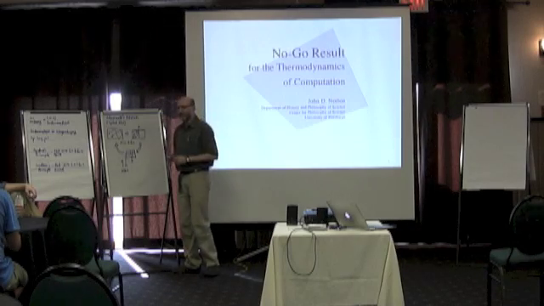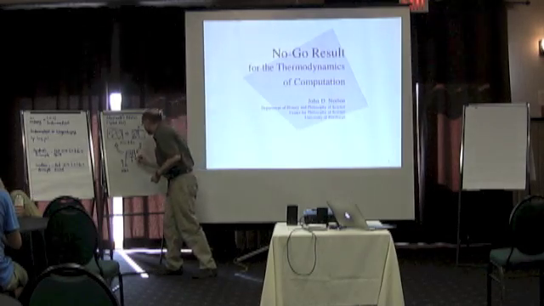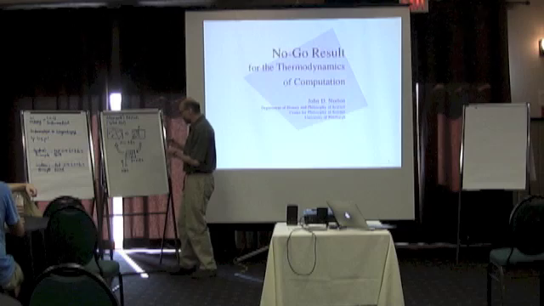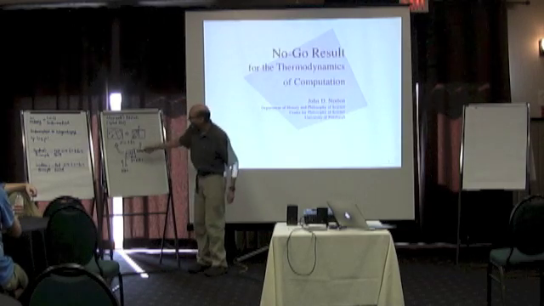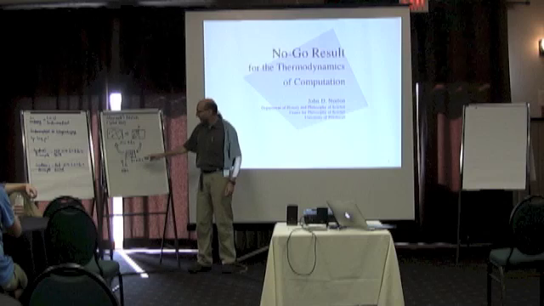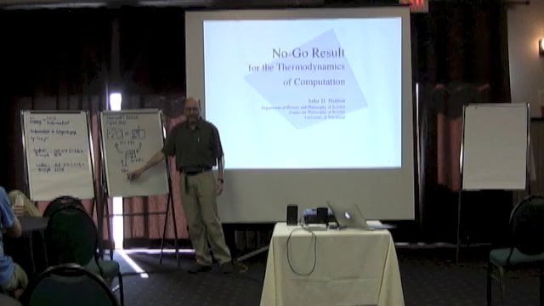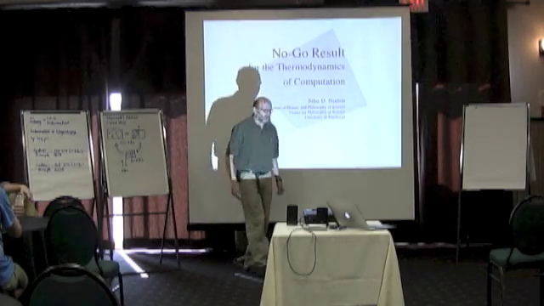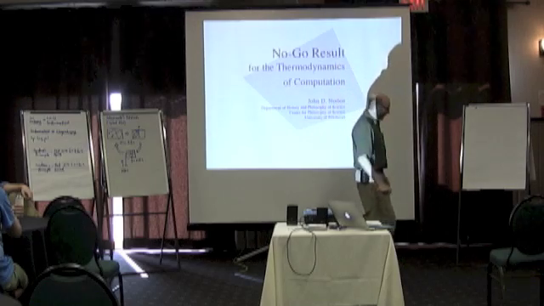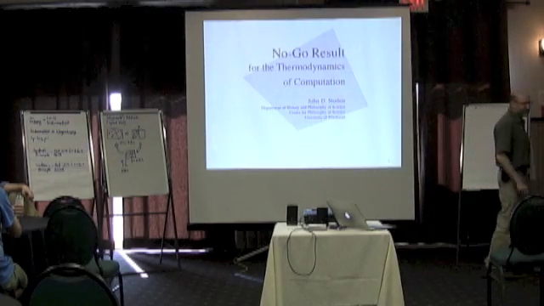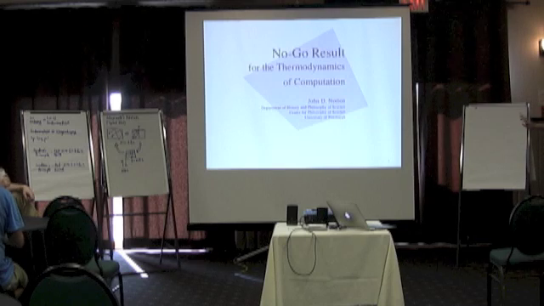Well, this is an isothermal process, and so you'll have heat of kT log 2 going in. And so the net effect of the entire cycle is to take heat of kT log 2 and convert it into work, which is a direct violation of the Thomson form of the second law of thermodynamics. Okay, does everyone have that?